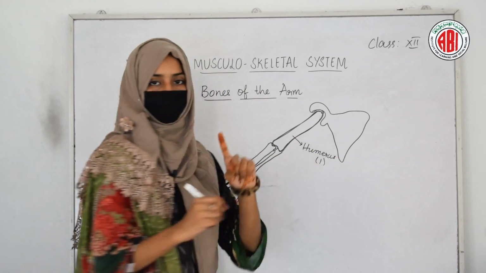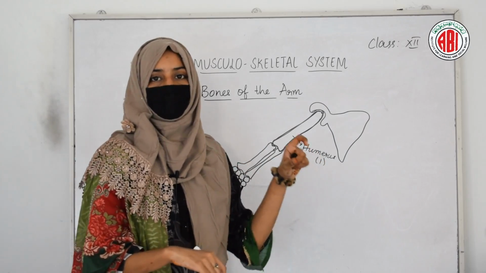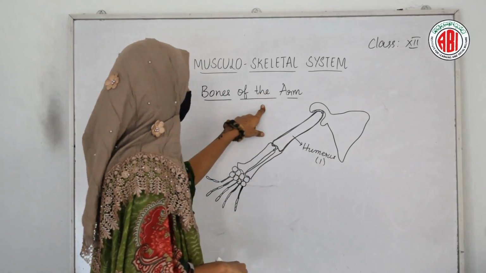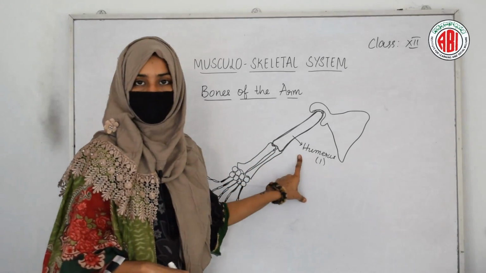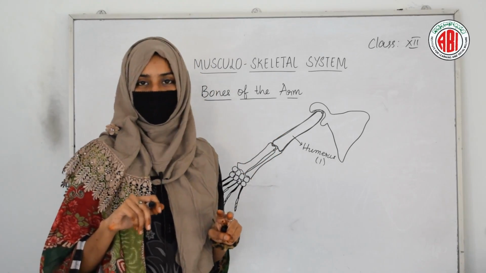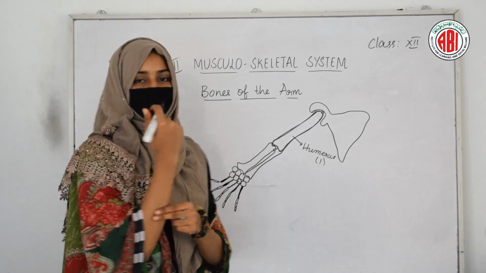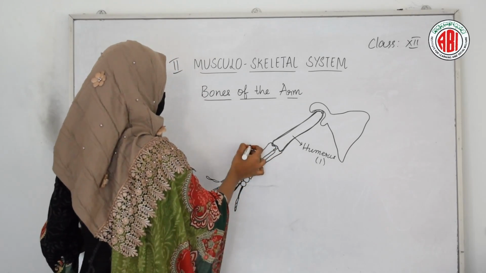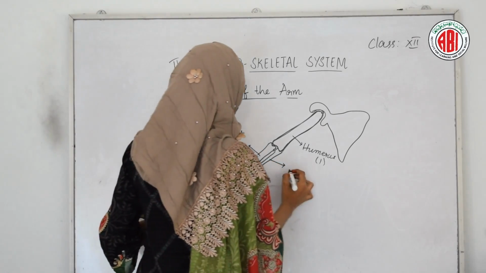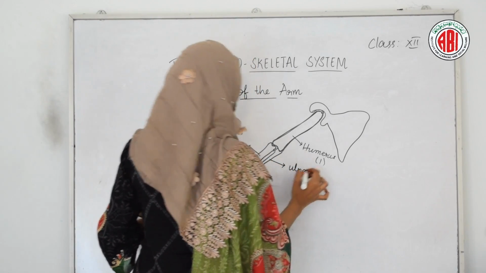Humerus is the one main bone attached to the cavity, and we call that one main bone of the arm humerus. Now, below the humerus, two more bones are found in this region. One bone is called radius and the other bone is called ulna.